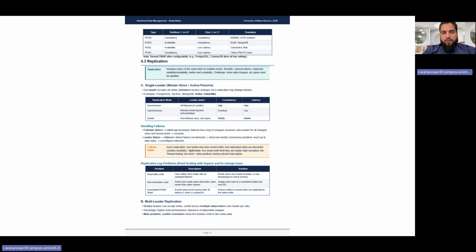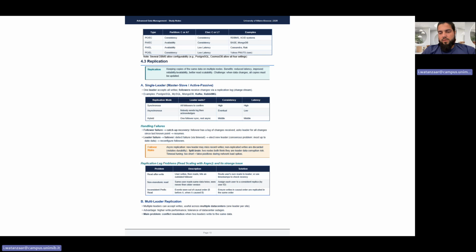So what does replication mean? There is a minor difference between replication and sharding, so understanding this is really important conceptually. Replication keeps copies of the same data on multiple nodes. The same is done by sharding, but there is a minor difference in what they prioritize.